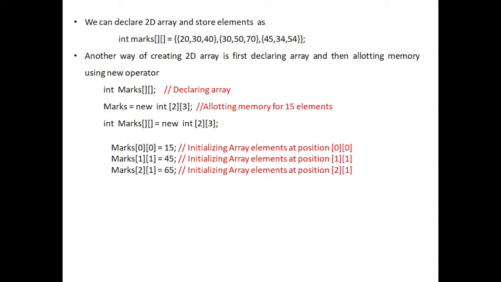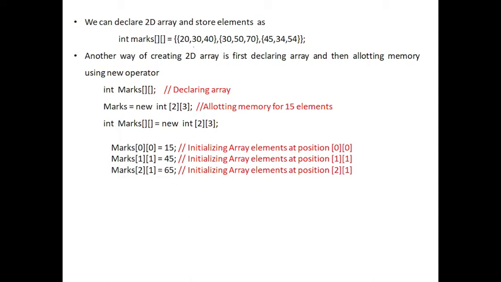If you are declaring and assigning elements in a single statement, it means that while declaring, you are assigning the elements also. It means instantiation is automatically done here. There is no need to write instantiation in a separate statement, because while declaring the array you have initialized the elements also. That's why instantiation is also done here. Instantiation is nothing but allotting memory, right?